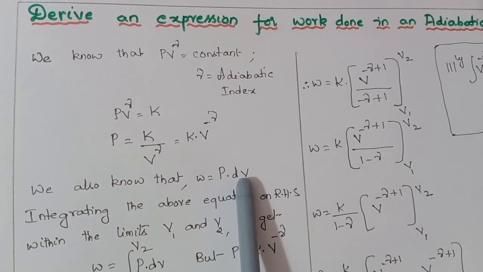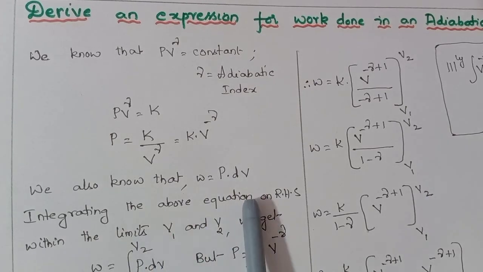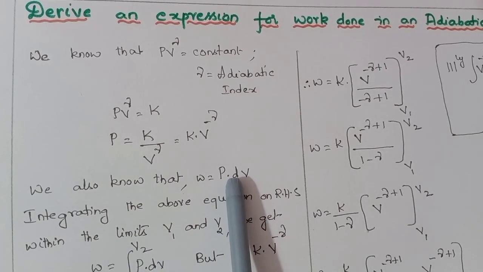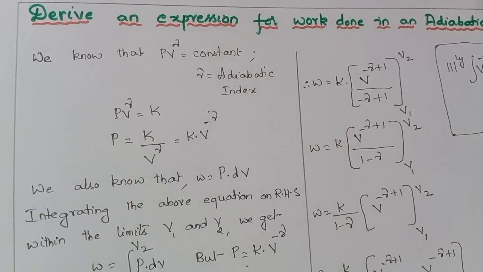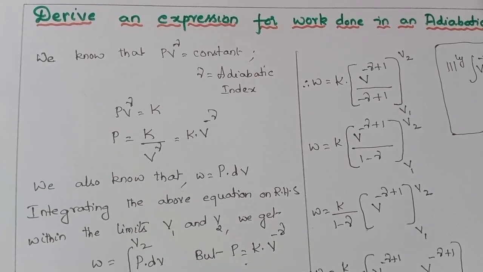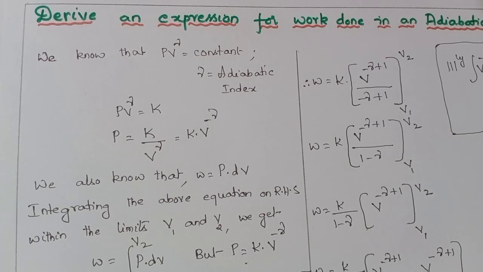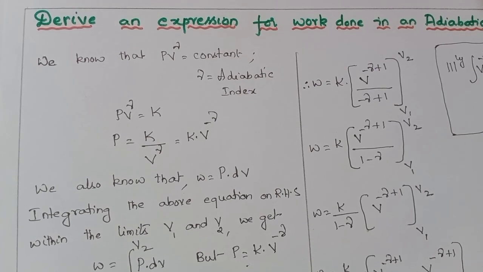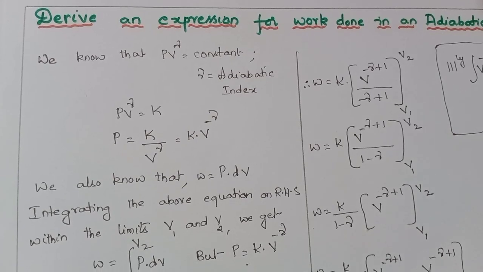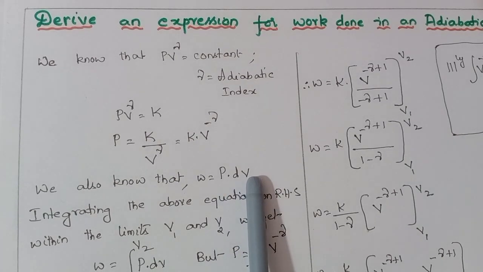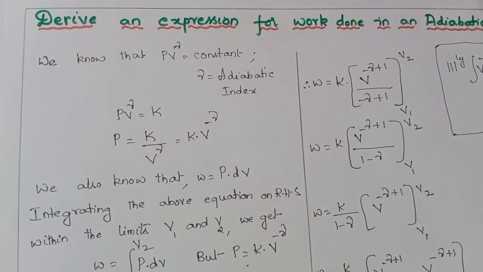Now take this equation and integrate on the right hand side within the limits V1 and V2. This is the adiabatic expansion, so we assume that the gas expands through a small volume from V1 to V2. Therefore we will integrate within the limits V1 and V2.